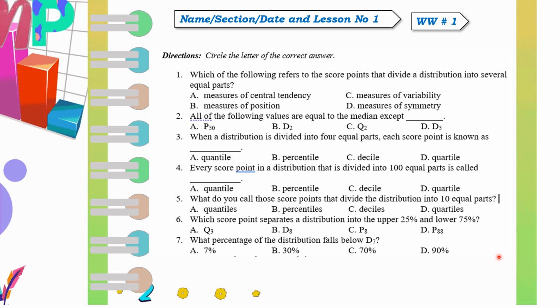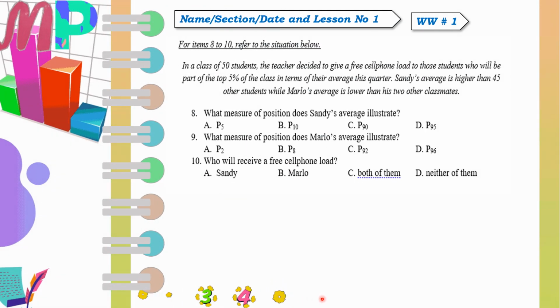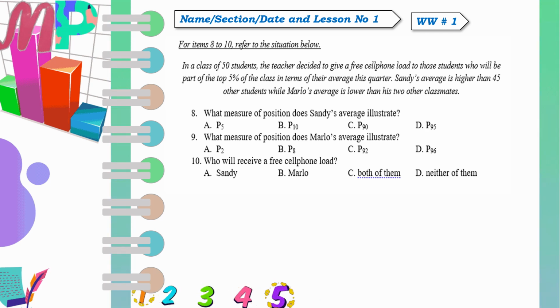There, you're going to circle the letter of the correct answer. For the given statement, we have 4 choices from A to D. Again, you simply copy the letter of the correct answer. Next, for items 8 to 10, we refer to the situation below.